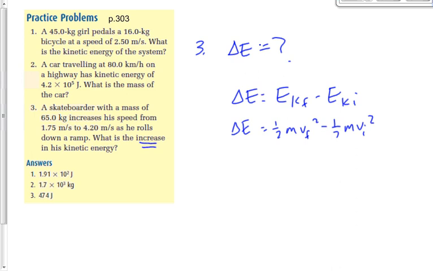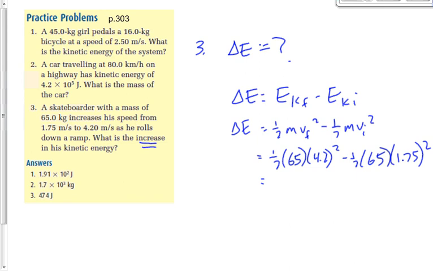No, you're right. You can't. It doesn't have to appear in both terms on the right side. It has to appear in every term on both sides. You can't cancel the mass here. What we're going to say here is 1/2 of the mass, which is 65, times 4.2 squared, minus 1/2 of 65 times 1.75 squared. Now, I suspect what a lot of you guys are doing right now, if you're making a mistake, is forgetting to square the v. That's a pretty common mistake, forgetting to square the v.